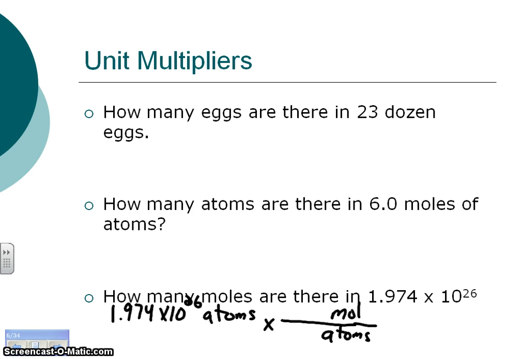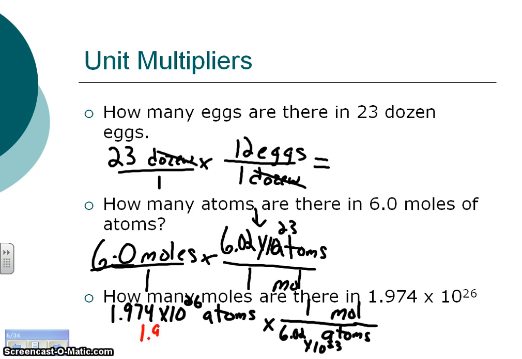The number that always goes next to mole is the number 1. And we know in 1 mole we have 6.02 times 10 to the 23rd atoms. So the way we're going to enter this into our calculator, we're going to enter 1.974 EE or EXP 26 divide by 6.02 EE or EXP 23, and you're going to get an answer.